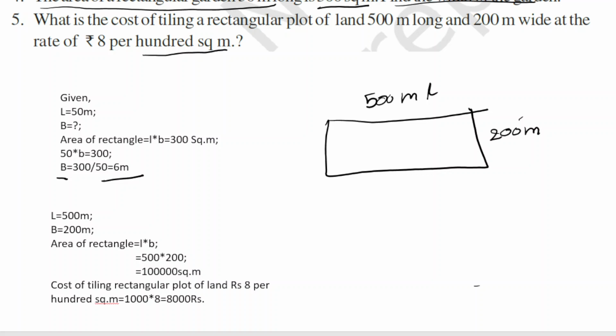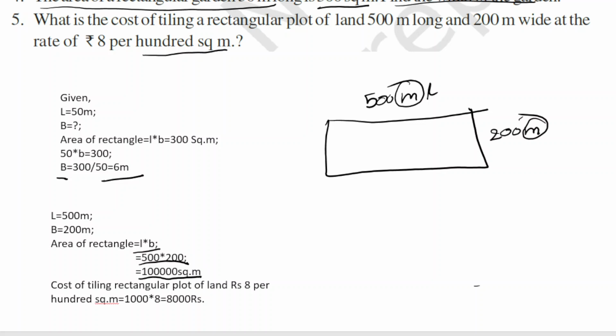And here you know that area of the rectangle is nothing but length into breadth, that is equal to 500 into 200, that is equal to 1 lakh square meters, because the measurement is given in meters. So we have written square meters.